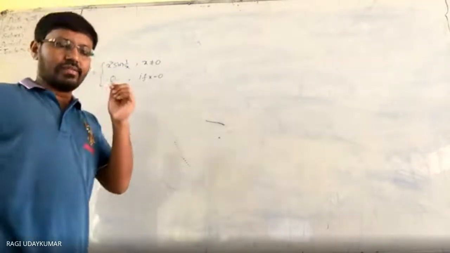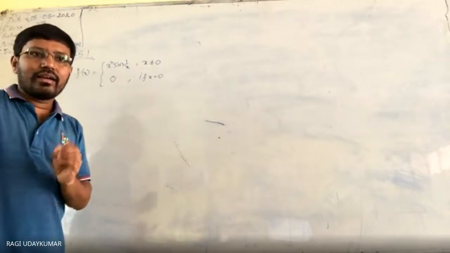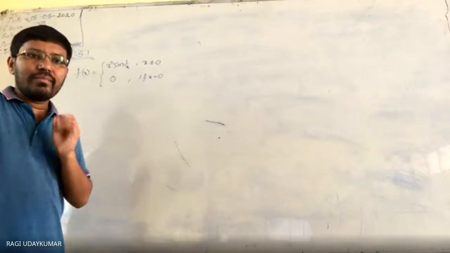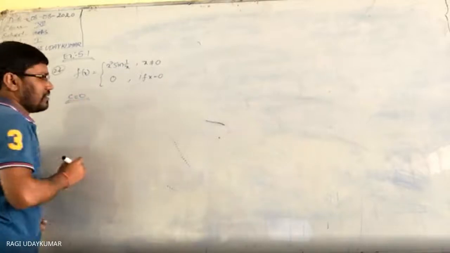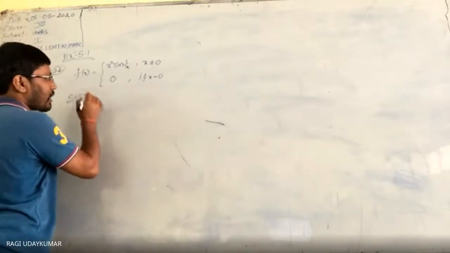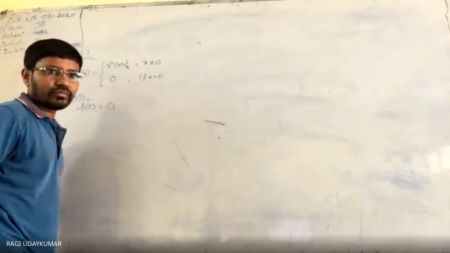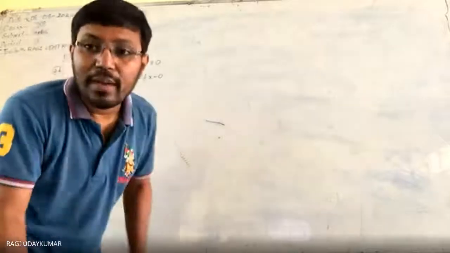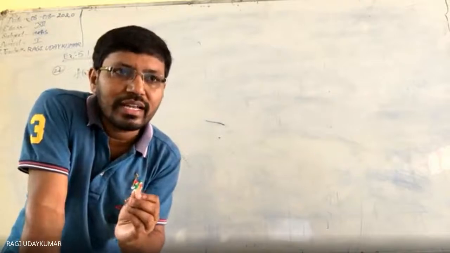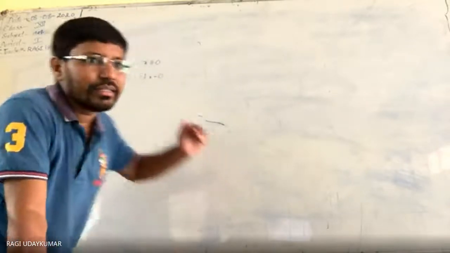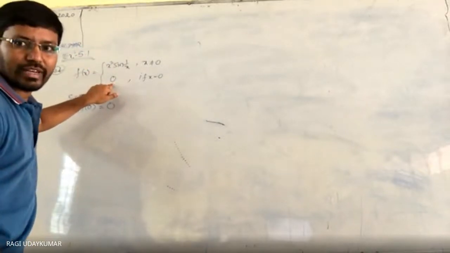Here, limit x tends to 0, c is equal to 0, f of 0 will be equal to 0 as per this function. But if you take the left hand limit, the function will be this one, and for the right hand limit, you will get this one.